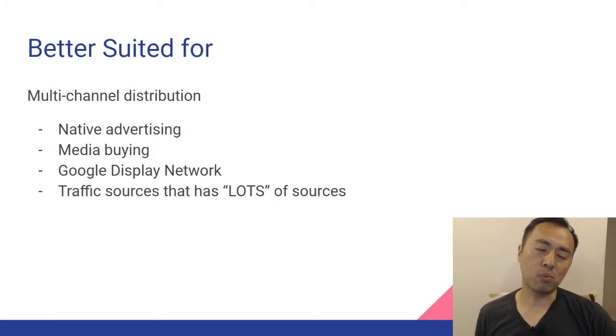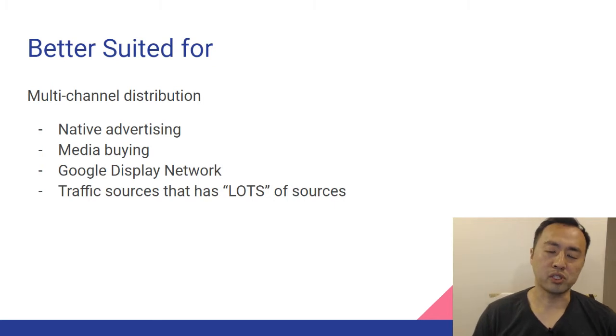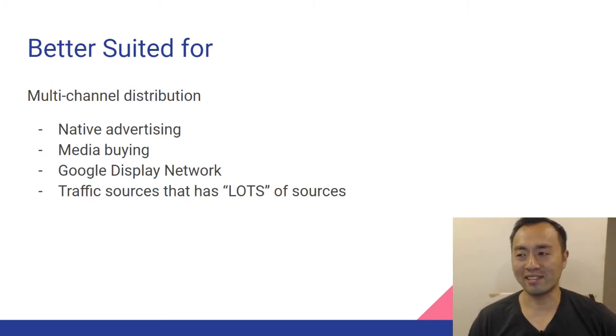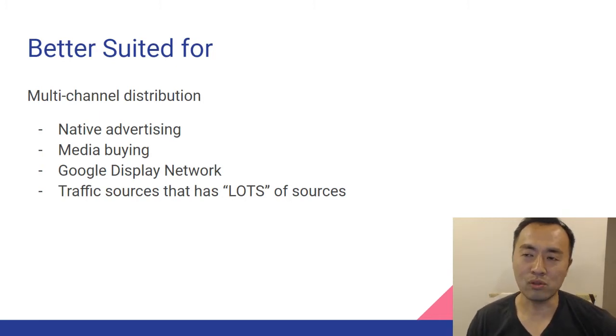But this tool particularly is better suited for people who do multi-channel distribution. What I mean by that is not like search where there's really only one place where you can put advertising, like Google.com. I'm talking about those traffic sources where you get tapped into millions and billions of websites or whatever it might be, right?